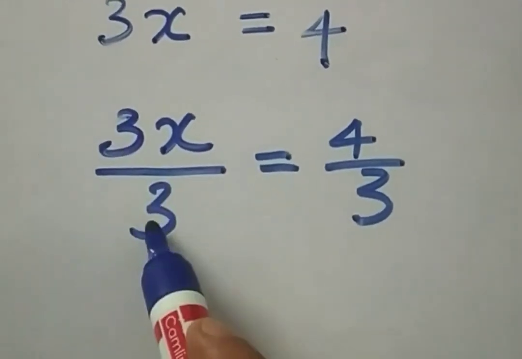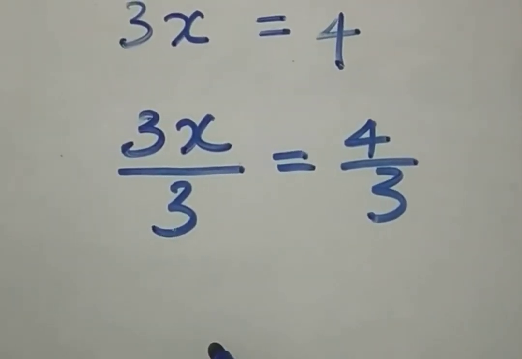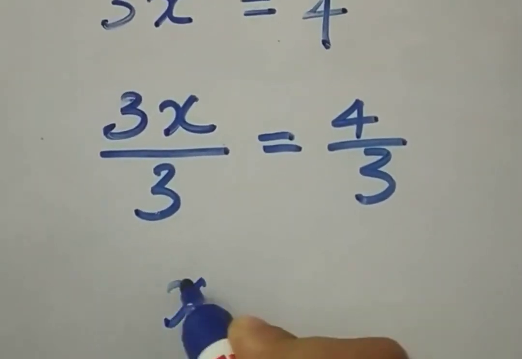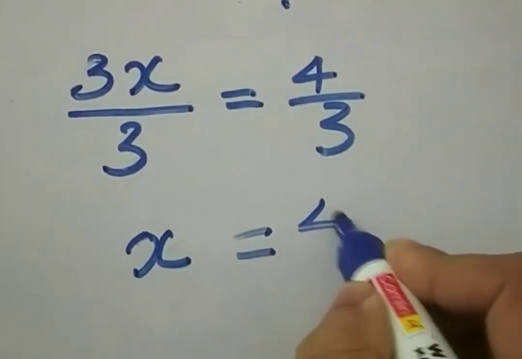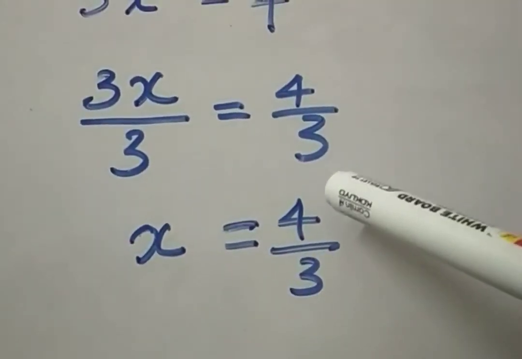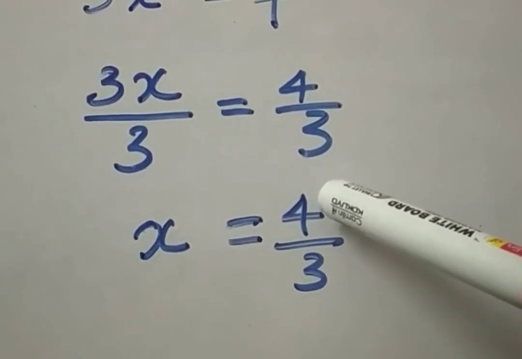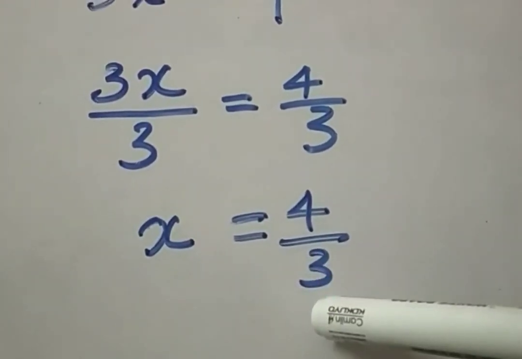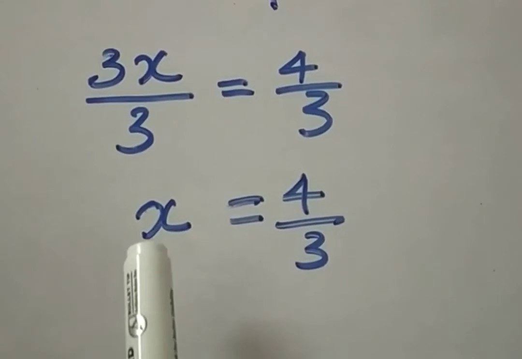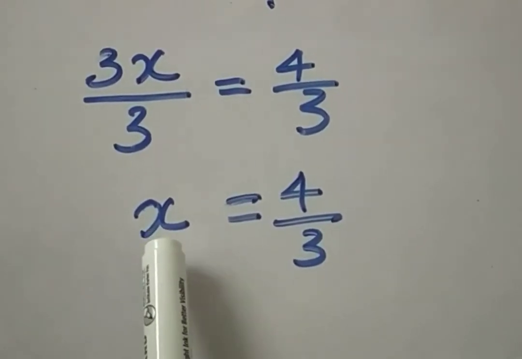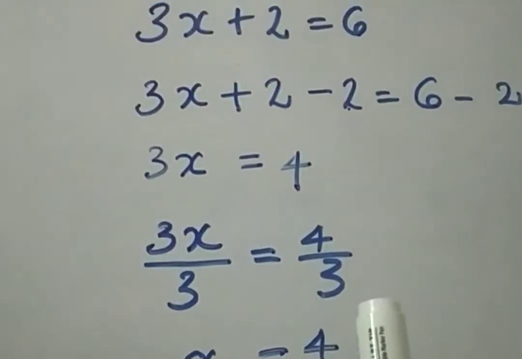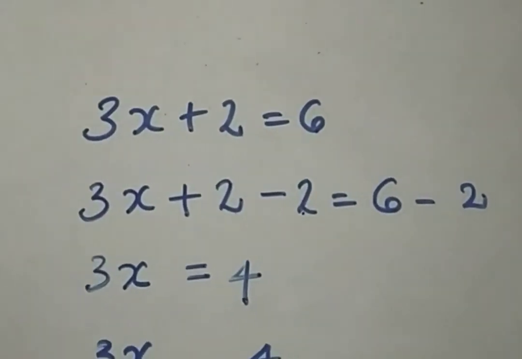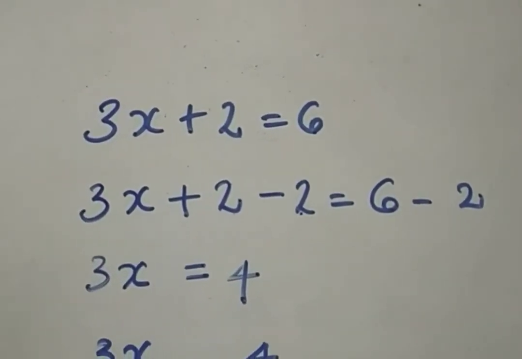What is 3 by 3? 3 divided by 3 is 1. So we have only x in the left hand side, and that is equal to 4 by 3. And we cannot divide the number 4 by 3. So we got the value of the variable x as 4 by 3. So this is how we solve a linear equation using the rules.